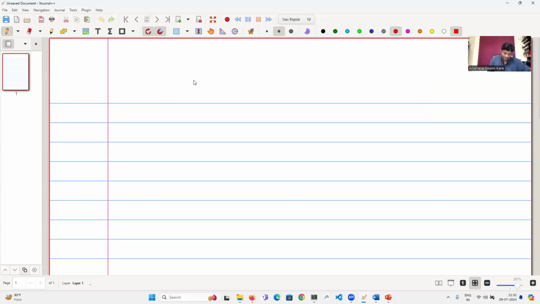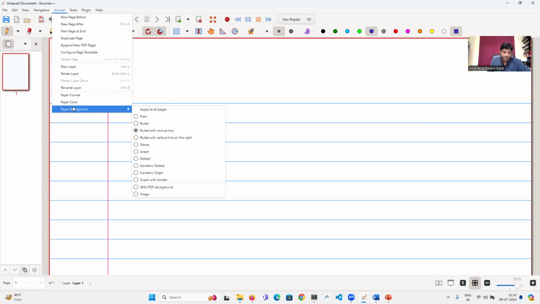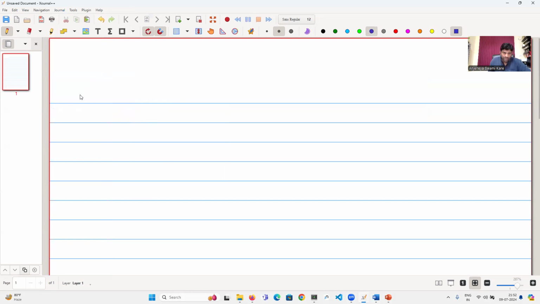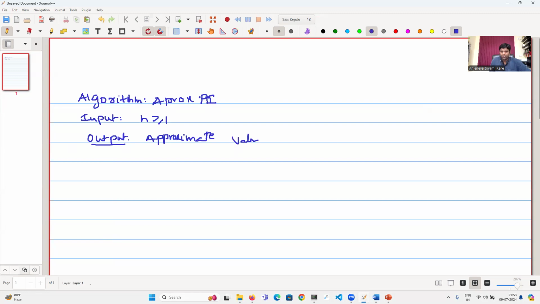Algorithm: Approximate pi. Input: n greater than or equal to 1. Output: approximate value of pi.